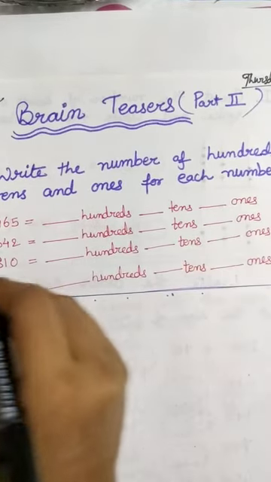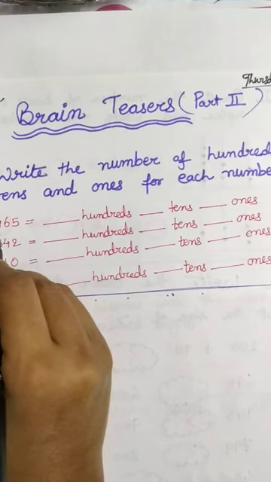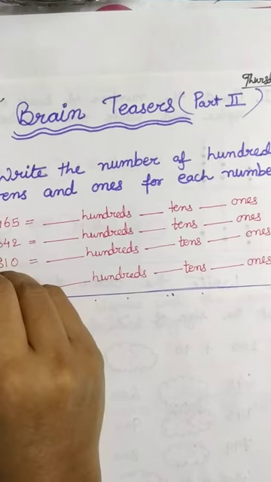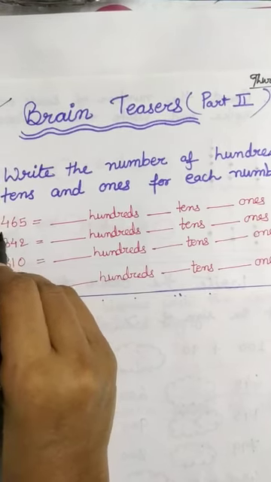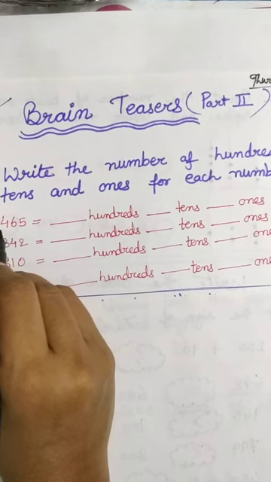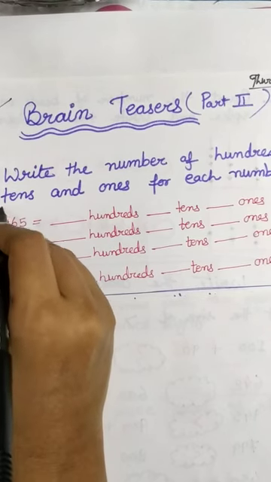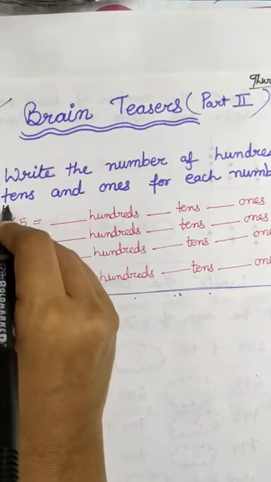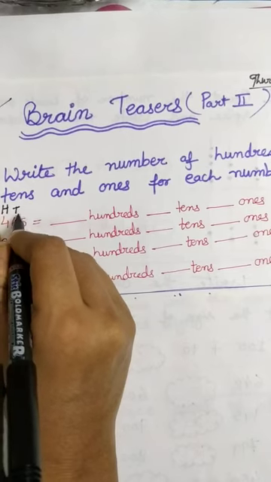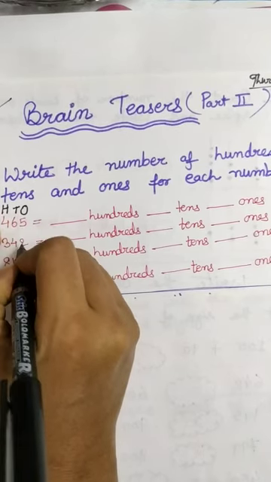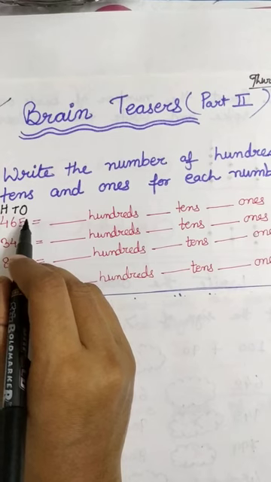How will we write? We will start from the left side. Whenever we compare or start counting, we start first from the hundreds place. H, T, O. We already know H stands for hundreds, T stands for tens and O stands for ones.